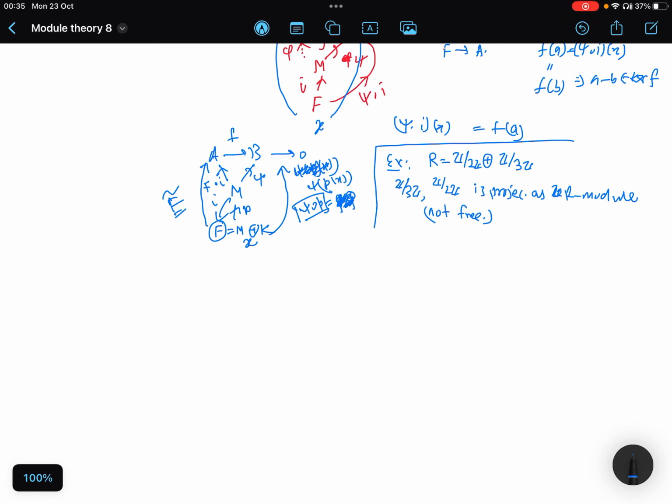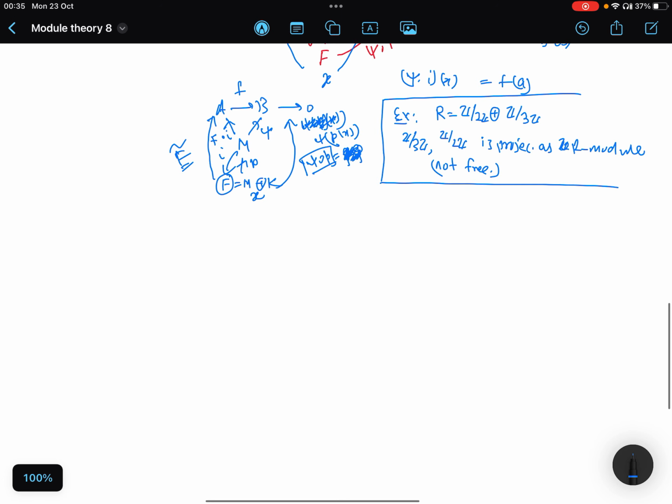Yeah. So now let's come back to the question about free and projective modules. We have seen free implies projective, and from this example, we have seen not all projective modules are free. But when are both notions the same? That is true when you have a PID.